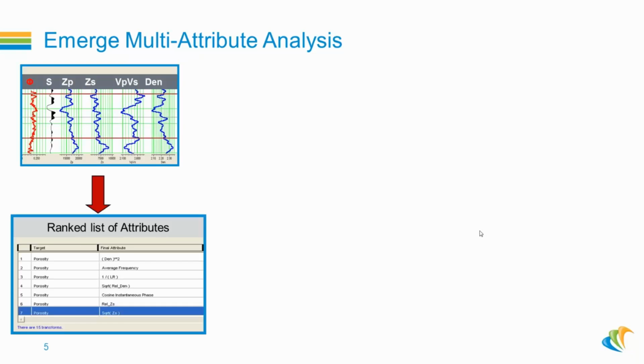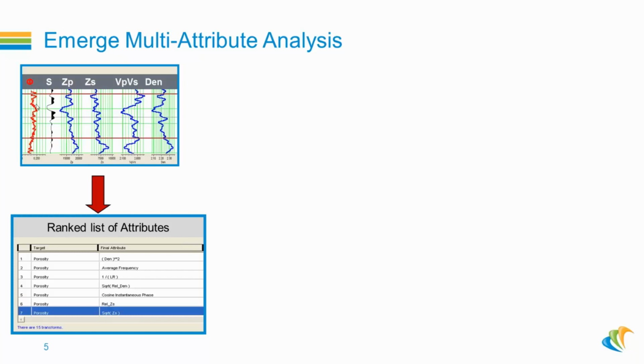Let's start with Emerge. Emerge is our multiple attribute analysis program that allows you to take well log data and seismic data and combine this information and rank the attributes. So as a result, you will derive a statistical relationship that will tell you what are the best attributes that predict your data.